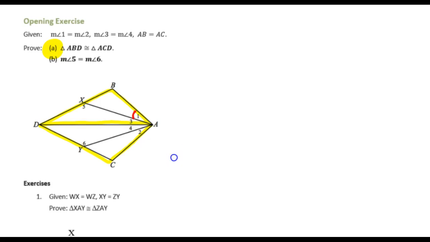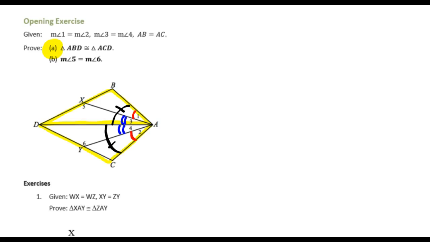Okay, if angle 1 is congruent to angle 2 and angle 3 is congruent to angle 4, what can I say about the big angles that they make up? Those angles are congruent, right? So I can say that this guy, angle BAD, is going to be congruent to angle CAD. Boom. So I marked up that.